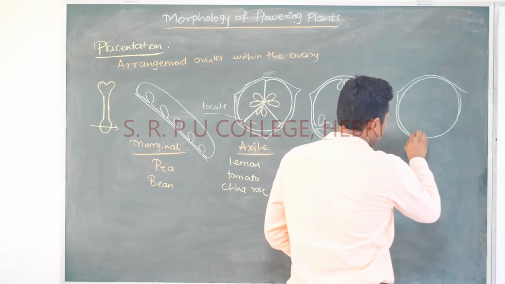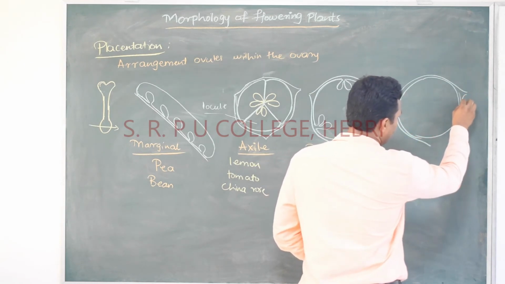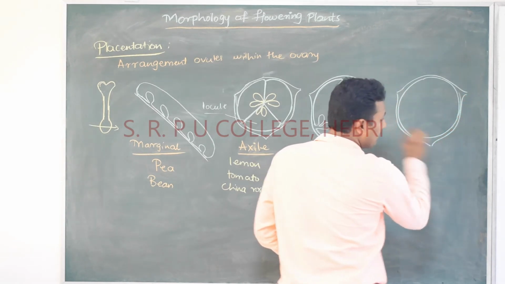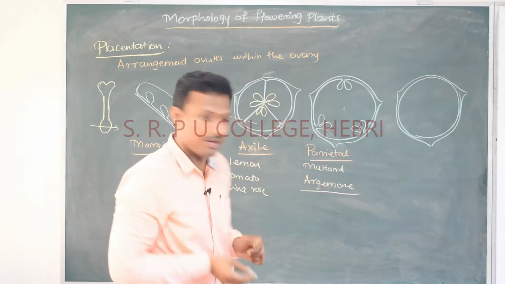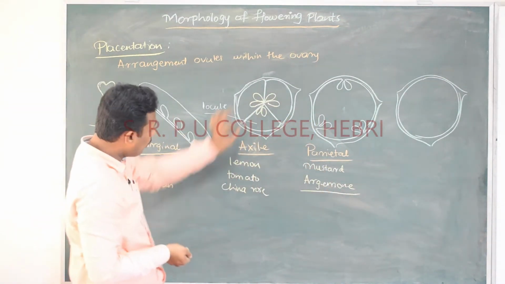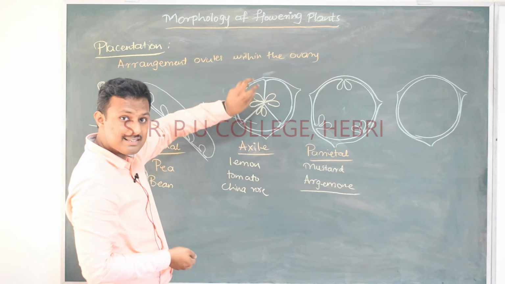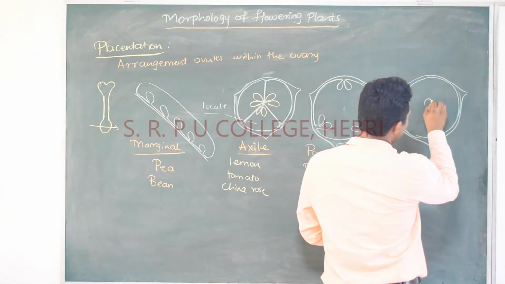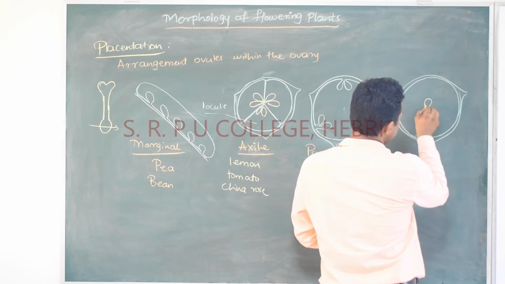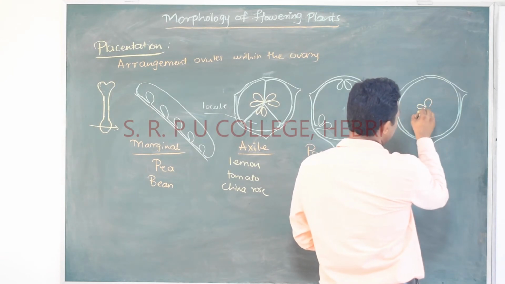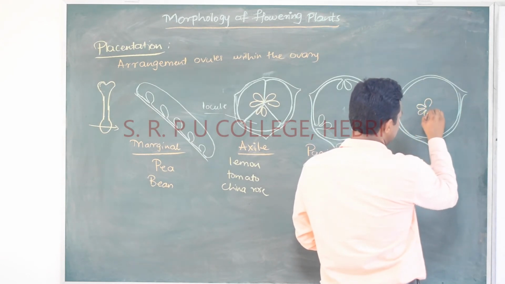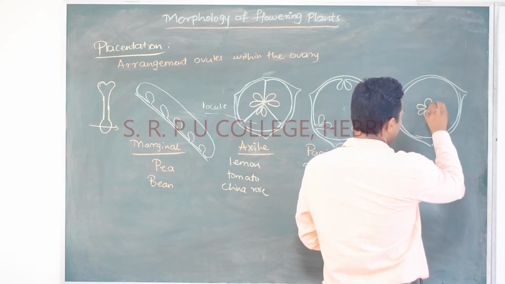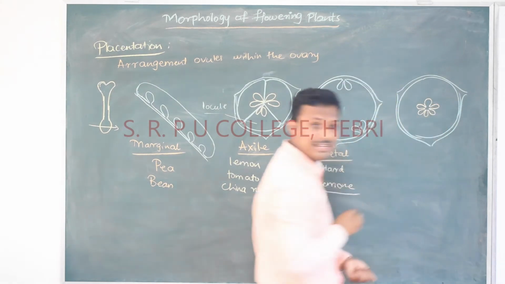But here the ovary is not divided into different chambers. Here also the ovules are arranged exactly at the center, that is on the main axis, on the central axis here also, right? But the only difference is what?